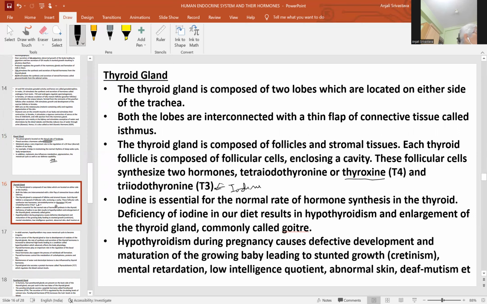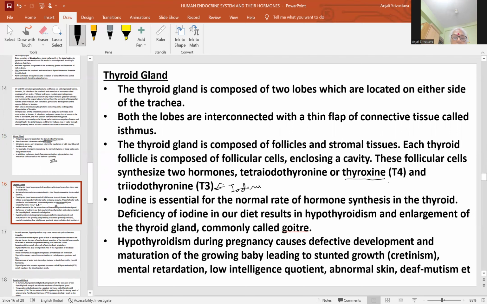Tetraiodothyroxine this regulates a number of factors. बहुत सारे, goiter का production को करता है, body growth control करता है, muscular growth control करता है, बहुत सारे काम करता है thyroxine. And the third is the calcitonin. That calcitonin controls the calcium level in the body.